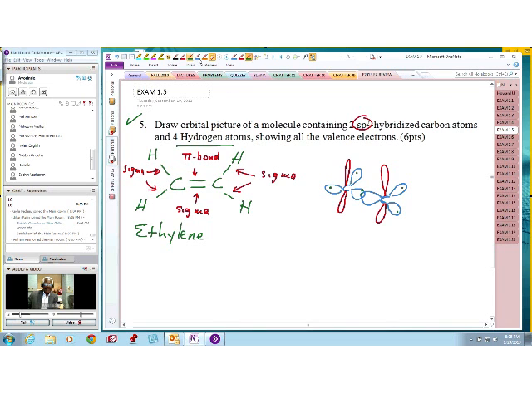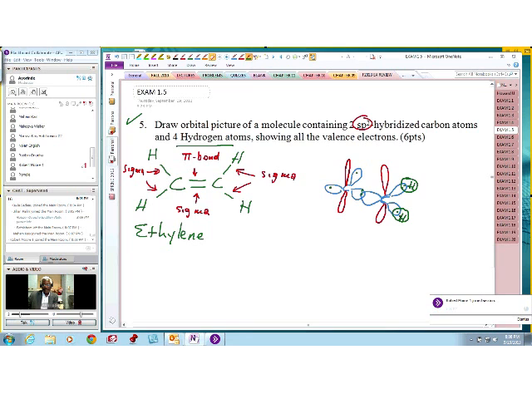Okay? And then you also have, in this case, the s orbital from hydrogen overlapping with the sp2 hybridized orbital with another electron, overlapping here, hydrogen with another electron overlapping here, another electron overlapping here, another electron overlapping here.